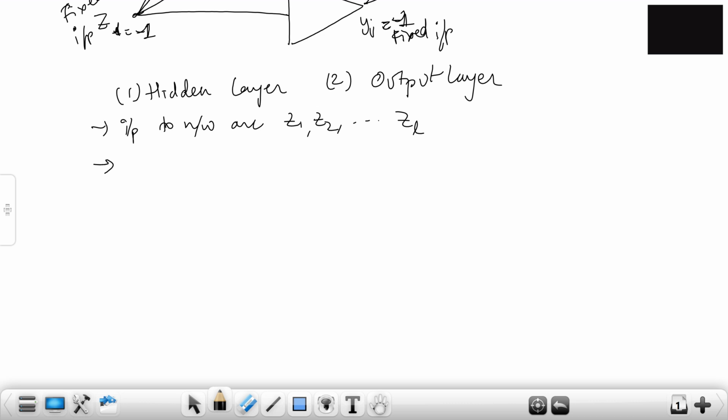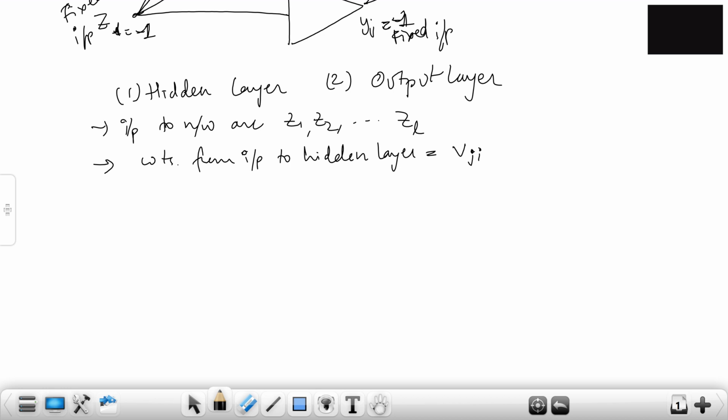Then weights from input nodes to hidden layer. That is the first part that we talk about. That is given by Vij, right? Sorry, Vji.